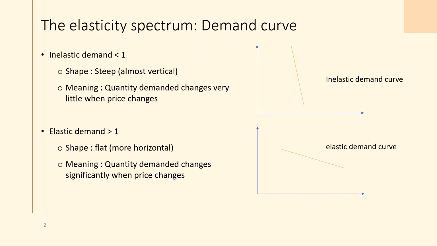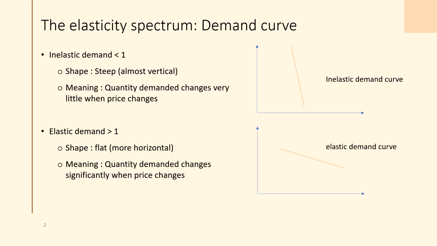Let's begin by visualizing elasticity on the demand curve. When demand is inelastic, meaning elasticity is less than 1, the demand curve appears steep, almost vertical. This shape tells us that quantity demanded does not change very much when price changes.